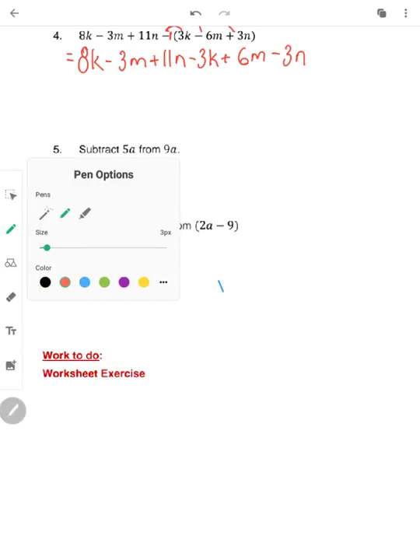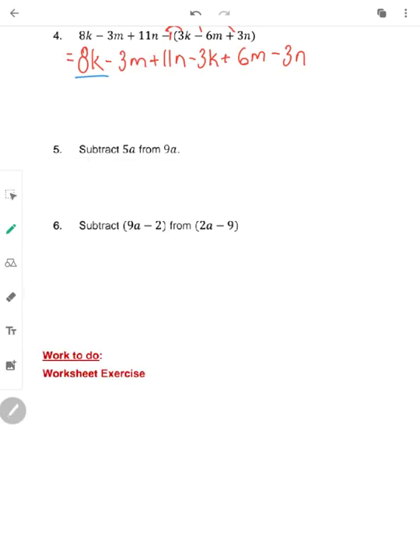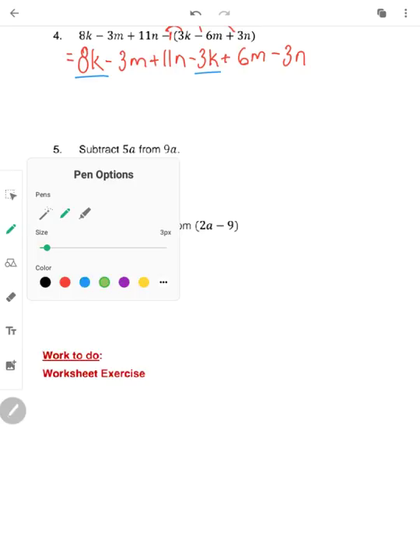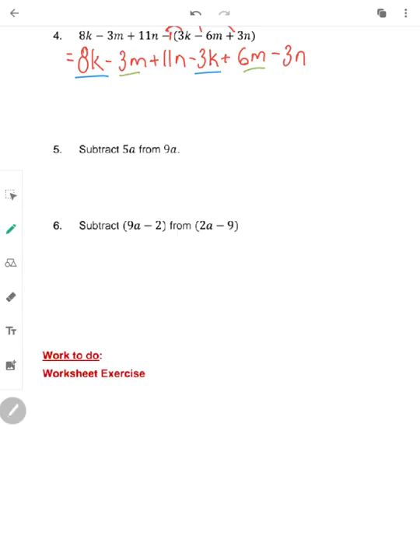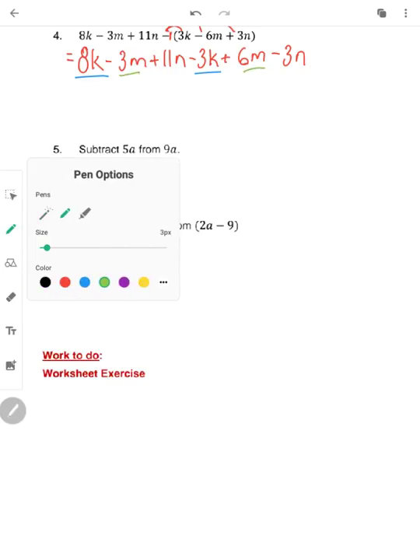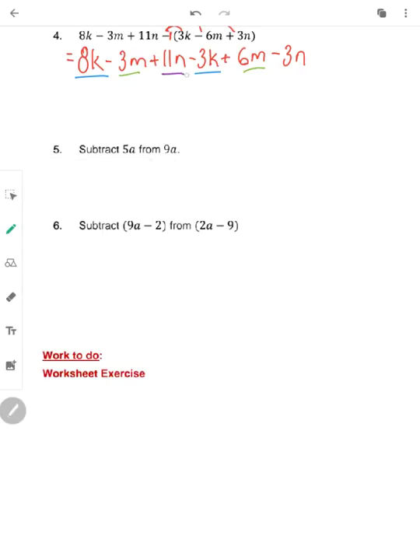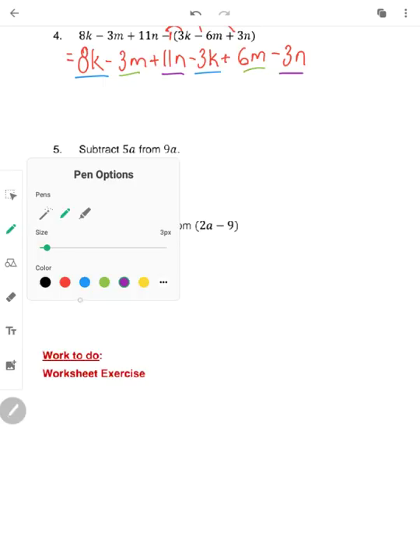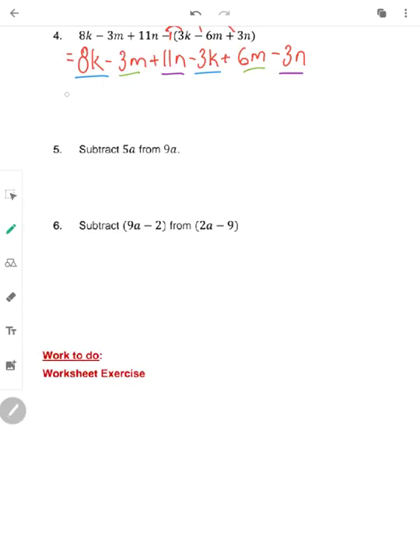Like terms would be k and 8k and negative 3k, negative 3m and 6m, and lastly 11n and negative 3n. So let's add or subtract these like terms. 8k minus 3k gives you 5k.